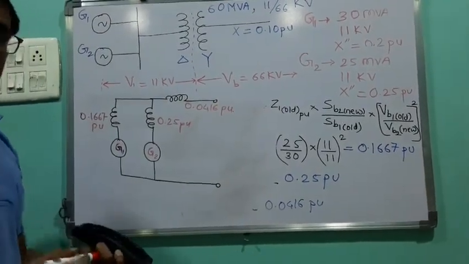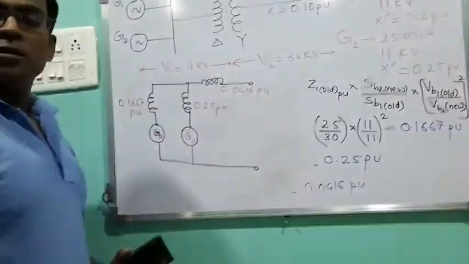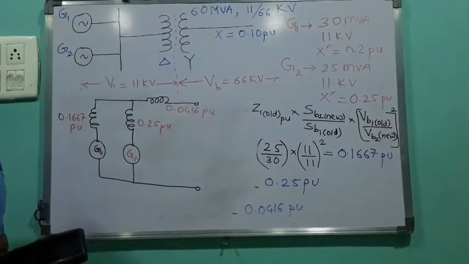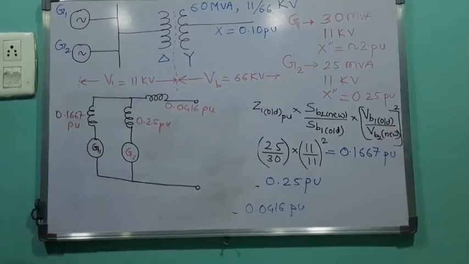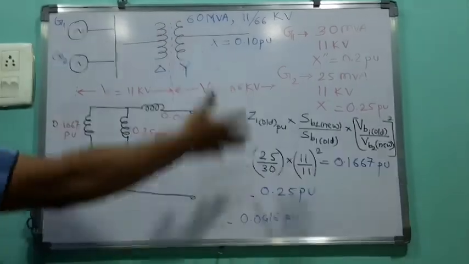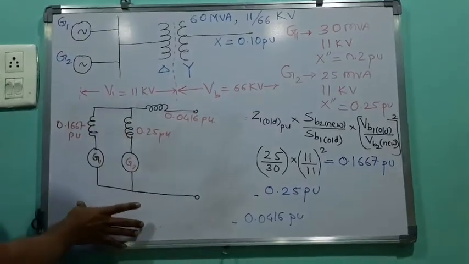So students, this is for you only: if you are having difficulty, you can take this video and see what the particular steps are for solving the numerical. In this way you have to find the new values of reactance and draw the reactance diagram.